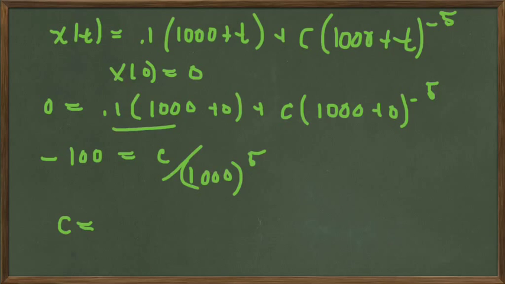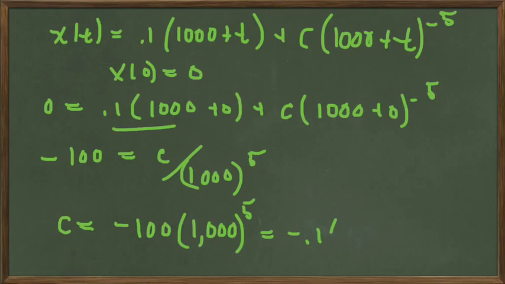Or c equals minus 100 times 1000 to the 5th. It turns out to be a little bit nicer if we rewrite that as minus 0.1 times 1000. 0.1 times 1000 is another way to write 100, and then it's times 1000 to the 5th.